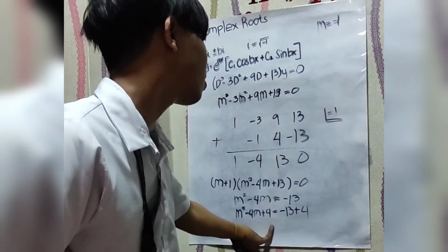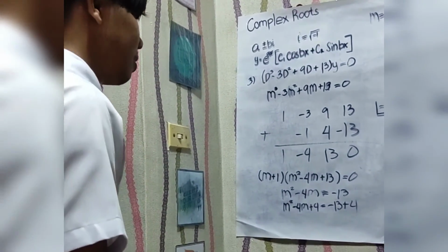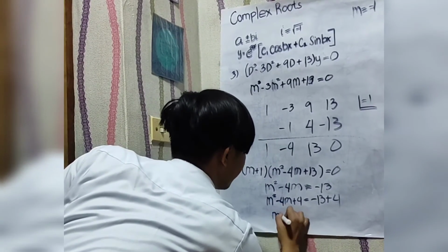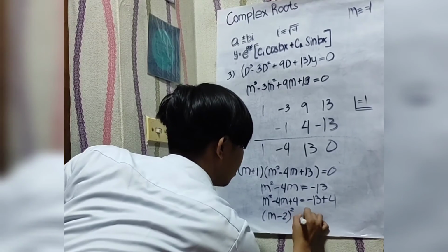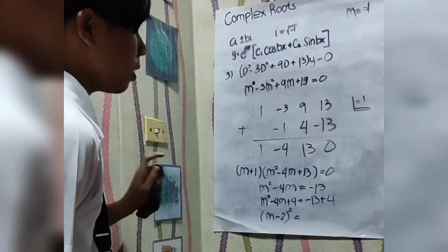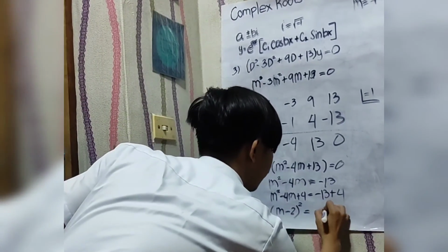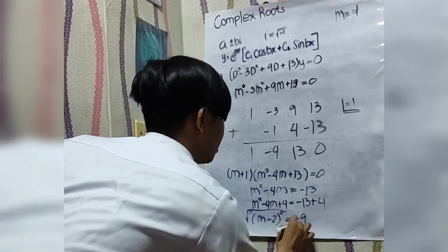Nag-add tayo ng 4 sa kabila para maging equal sila. Alam naman natin na m minus 2 squared equals to negative 13 plus 4 is negative 9.